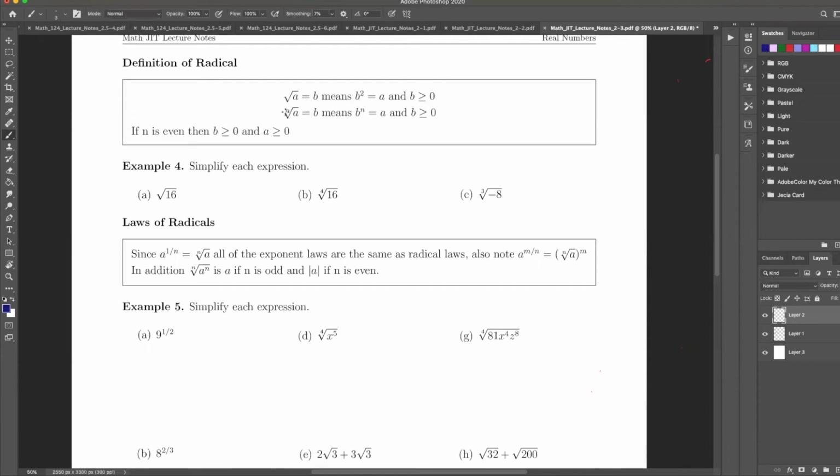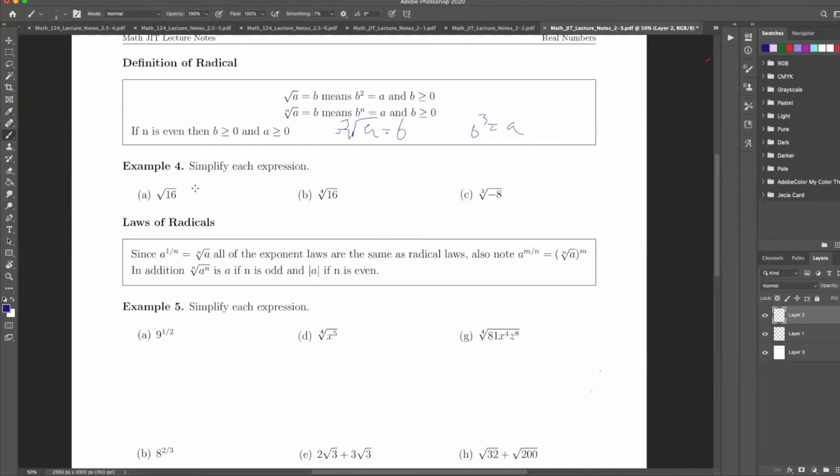So if we take the cubic root, it means what raised to, so cubic root would be 3. So like this is the cubic root, put a little 3 there. Of a equal to b means what? Means b to the 3rd equals a. So that's what we're looking for.